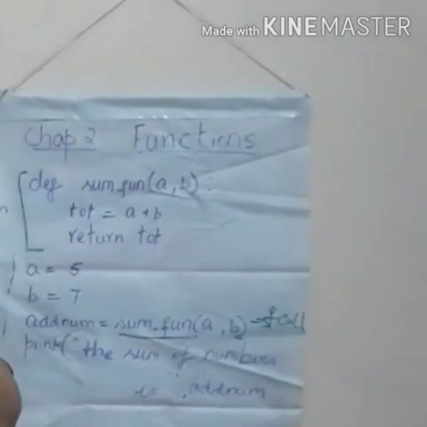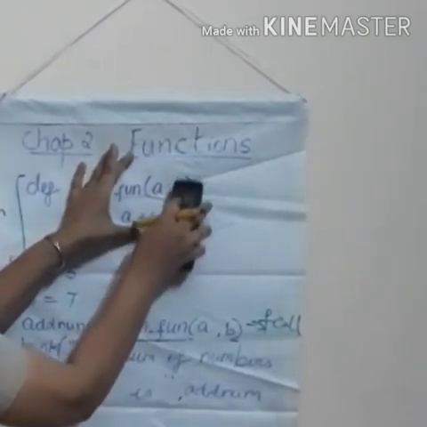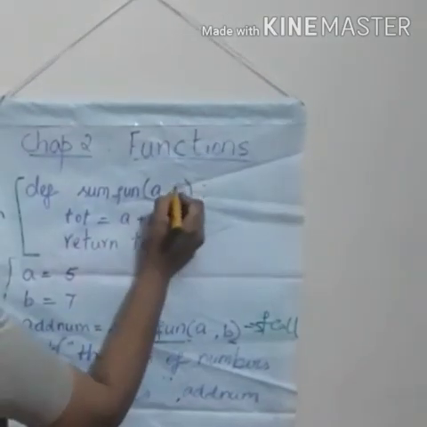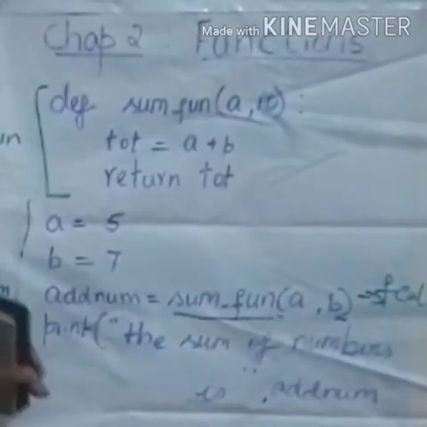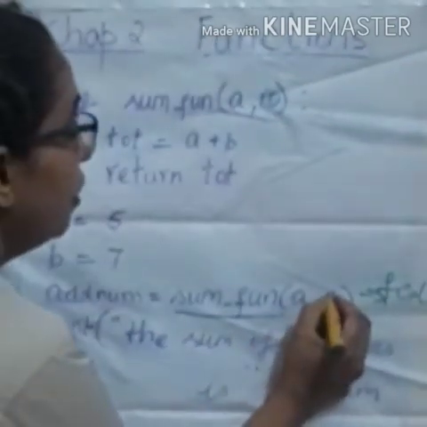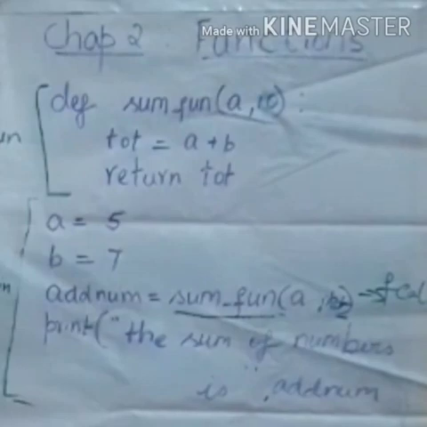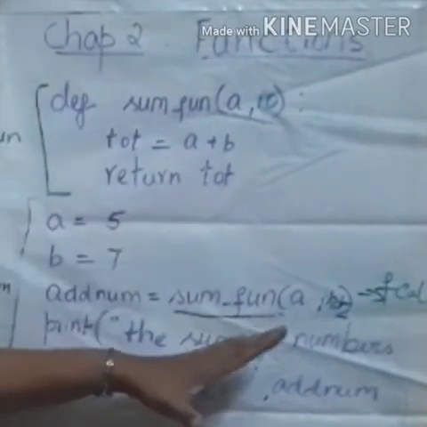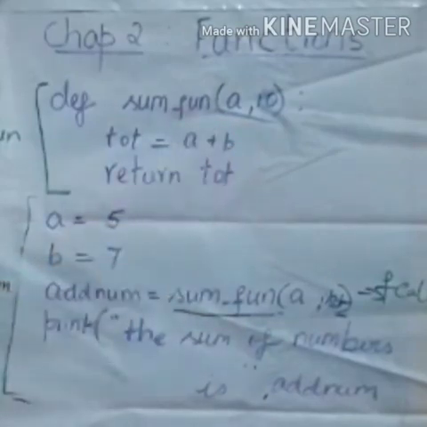So what you can do, instead of passing b here, you can fix it and write 10, an integer value of 10. In that case, we will be writing only the integer here. So in all the calculations, the second variable will always be 10. That is the default argument.